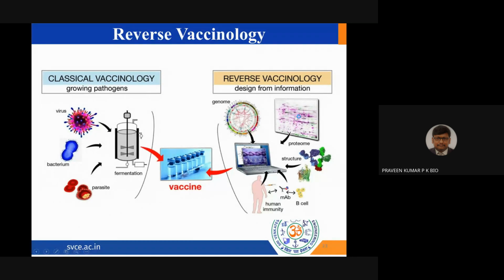These data are available on websites in the public domain, like NCBI or UniProt. We take this bioinformatics data, and from it we find the targets and structure, and then use it for discovery through reverse vaccinology.